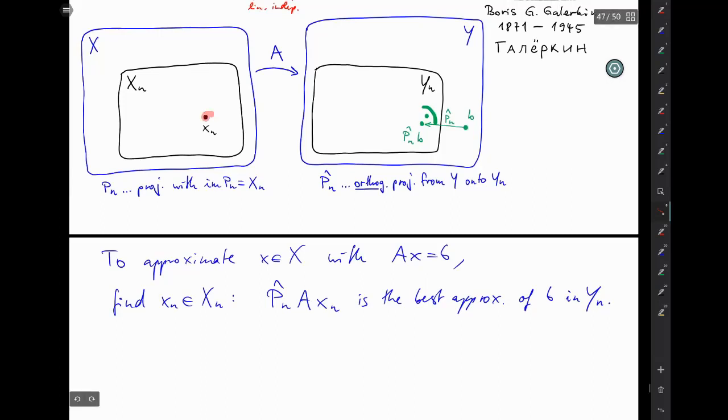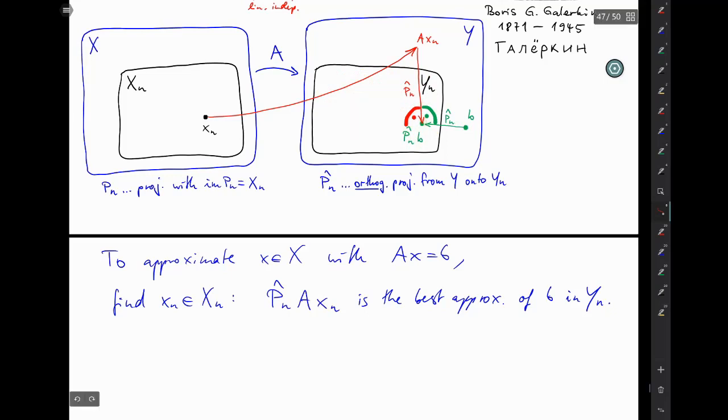So you want your little xn to be in the subspace capital Xn, and as always there is no reason why the image of little xn should be in yn, so it's typically outside. But if you project that down to yn using this orthogonal projection Pn hat, you arrive at that point in yn which is closest to B. And we all know by the approximation theorem which point that is.